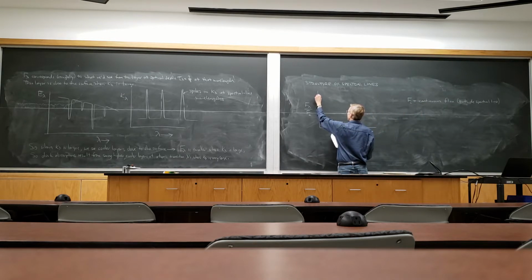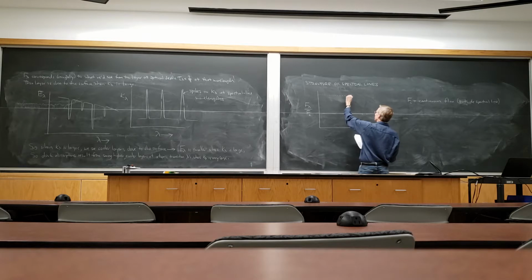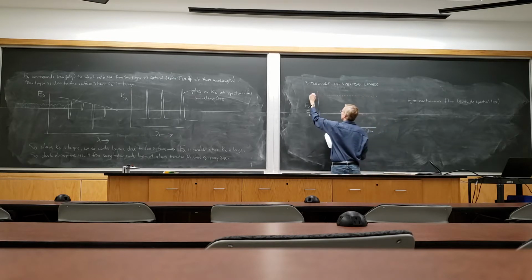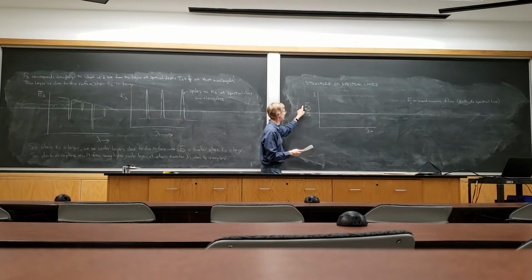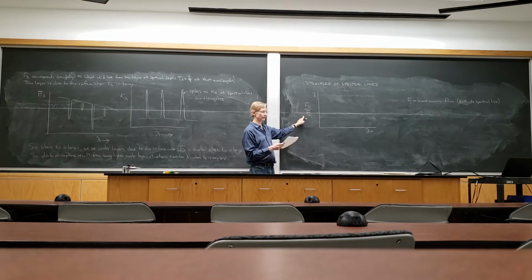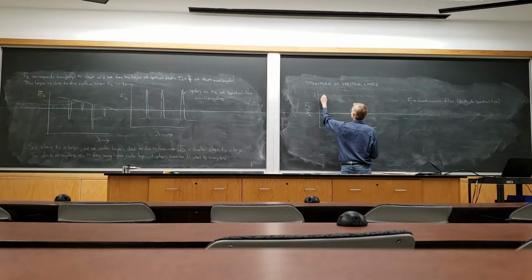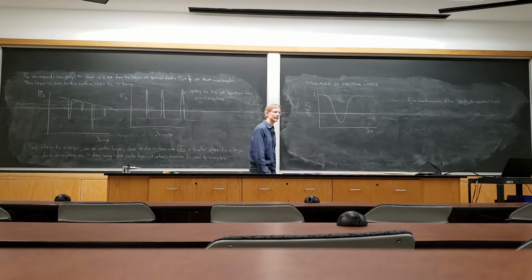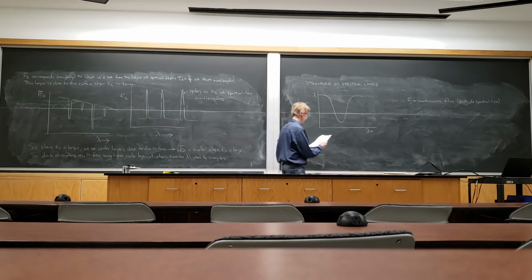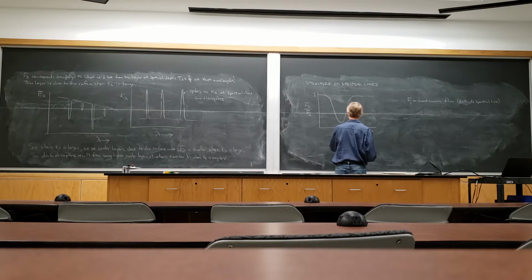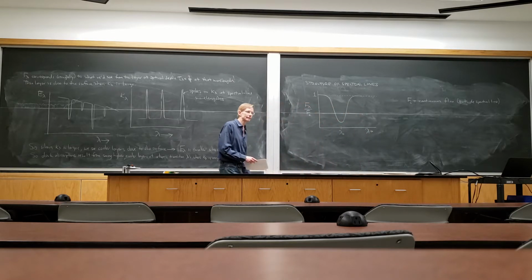So we're going to plot the ratio of the flux at wavelength lambda to the continuum flux. Outside the spectral line, that will be 1 when we're in the continuum. And then as we move in towards wavelengths covered by the spectral line, spectral lines are not infinitely narrow, so you'll get something like that, a dip, with a central wavelength of the spectral line where it's at its darkest.